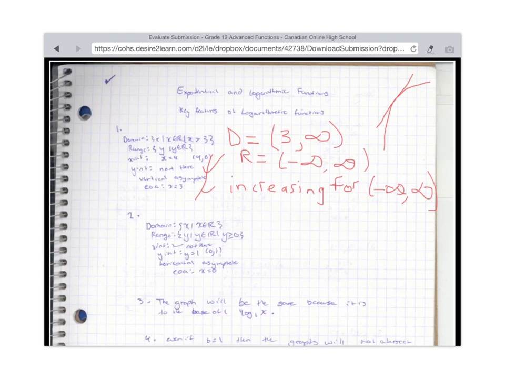So for the second question, it's going to be the same thing, and I won't keep repeating myself about the interval notation, but you want to make sure that you use that notation because you'll need that at university or college, okay? You've got the x and the y-intercepts correct. The horizontal asymptote is also correct. I don't know what EOA stands for.